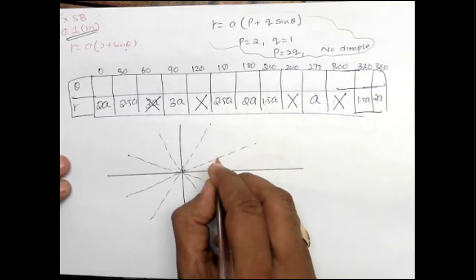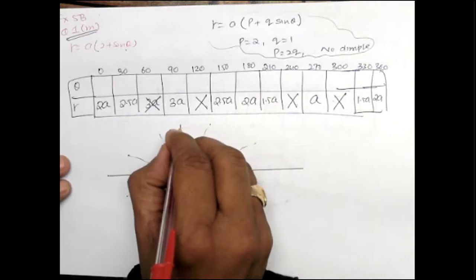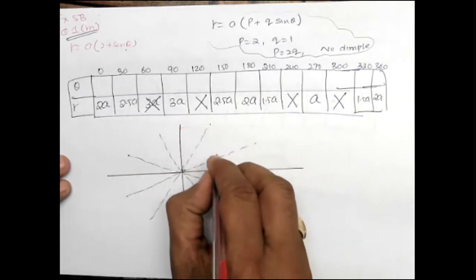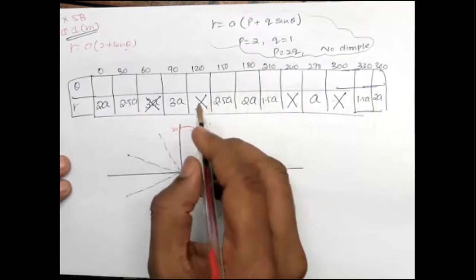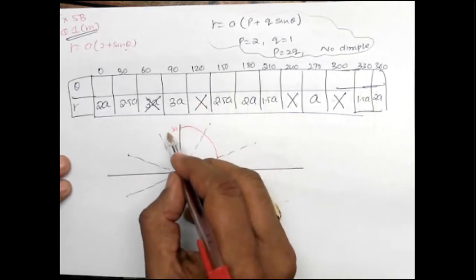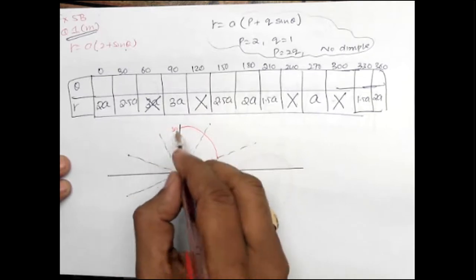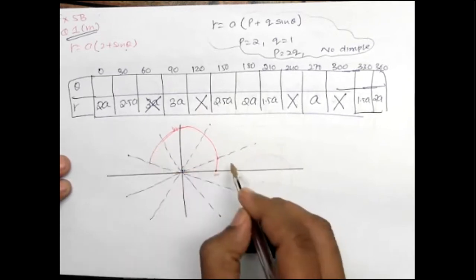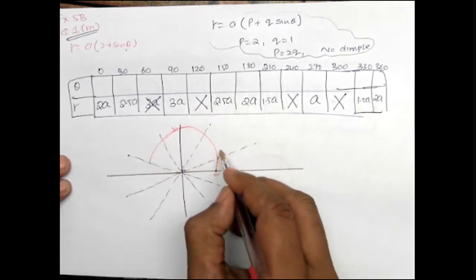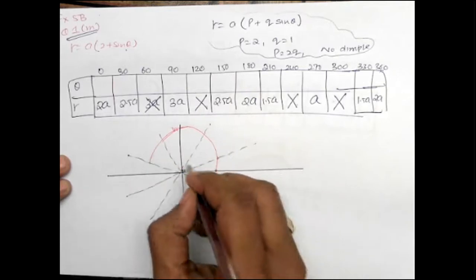If theta is 90, it's 3a, so that's going bigger, and the graph goes something like this. At 120 it's not exact, so 3a would be here, and 2.5a will come in slightly, similar to what it was there. Then 150 is 2.5a and 180 is 2a, so it's coming in like it was there.